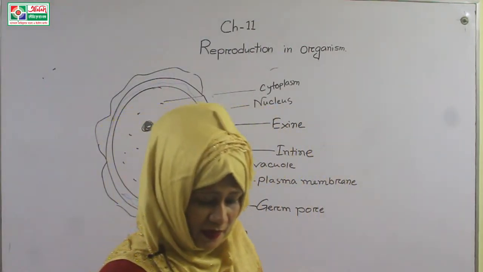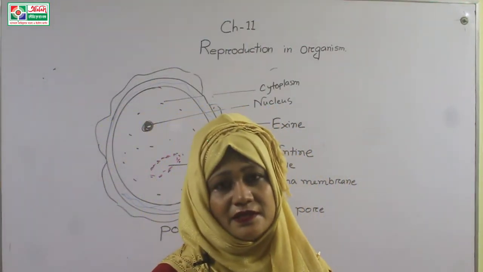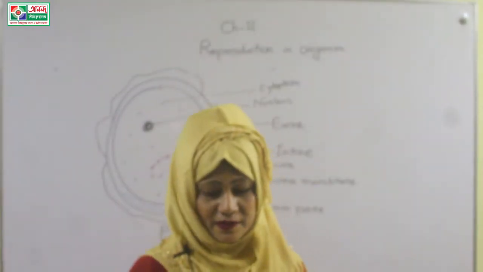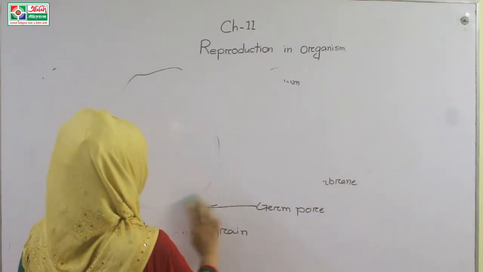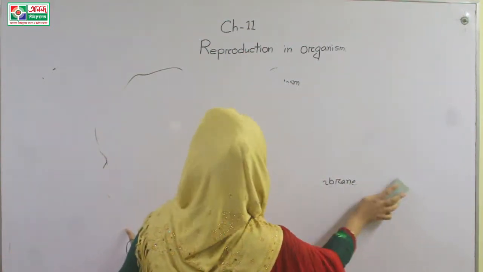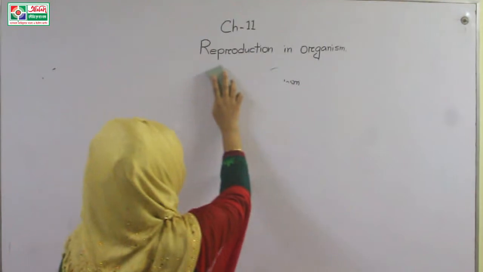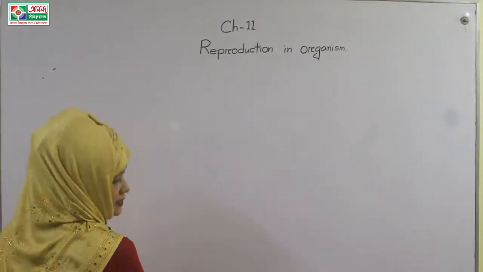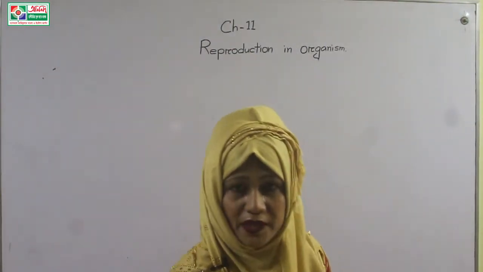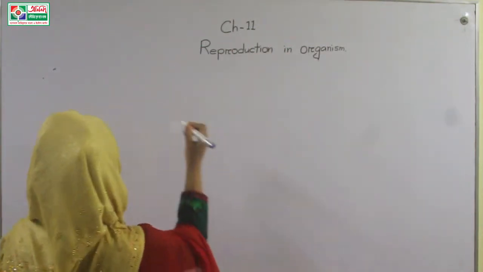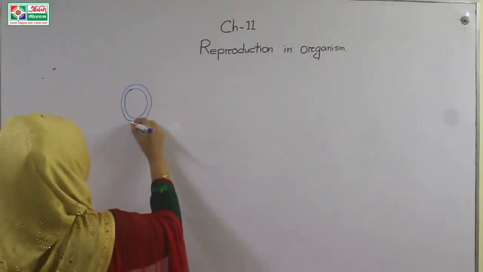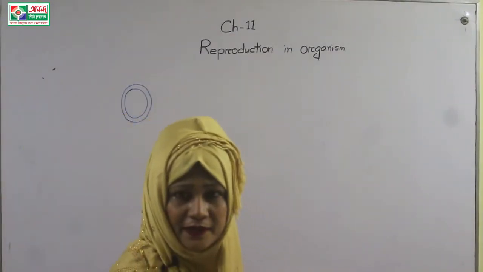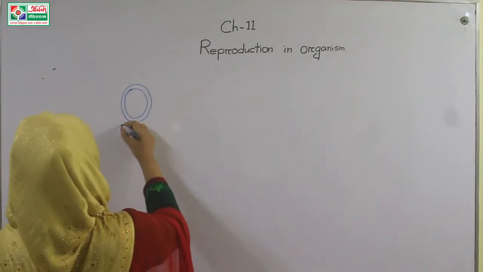Now mitosis will take place inside the pollen grain. I am erasing this structure and I will draw how the mitosis takes place inside the pollen grain. Suppose this one is our pollen grain, this one is the plasma membrane, this one is the intine and this one is the exine.